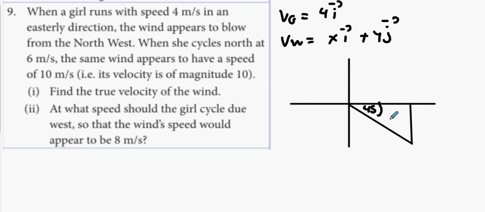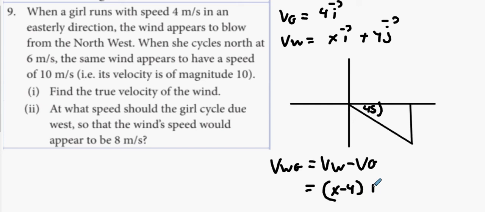The velocity of the wind as it appears to the girl is Vw minus Vg, which is going to be x minus 4i plus yj. Now, this is one of the problem quadrants.